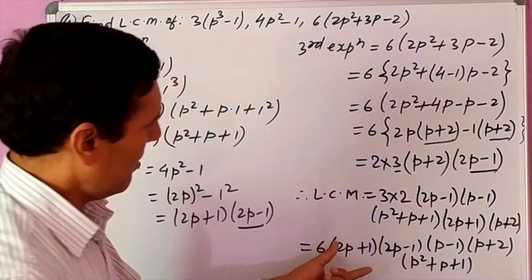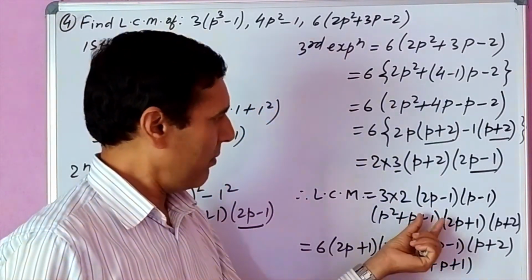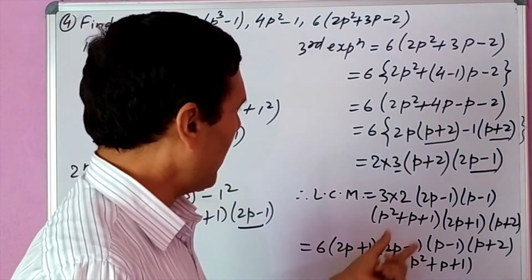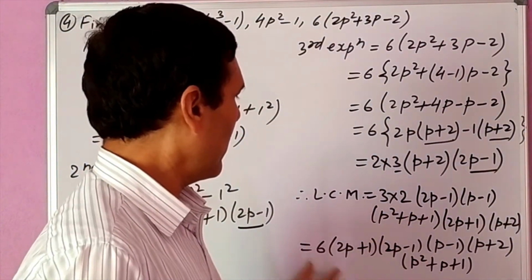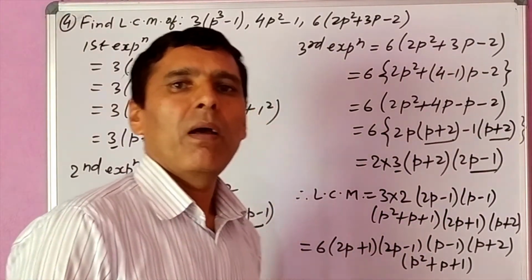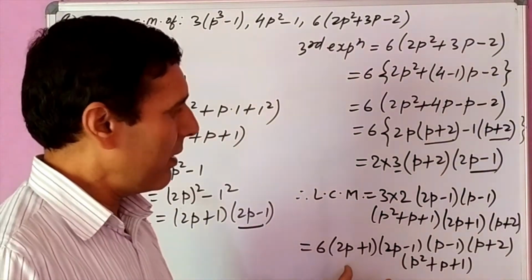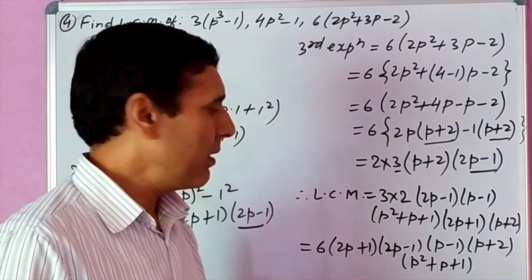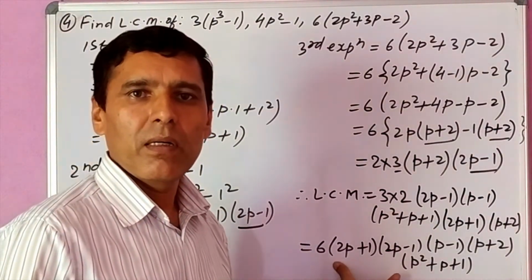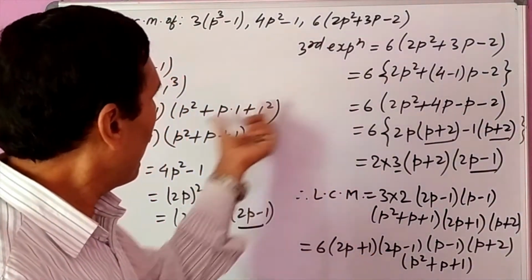We have all the factors here which we have already taken as common and remaining factors. So this is the product of the common and remaining factors of the given expressions. Therefore it is the LCM of the given expressions.